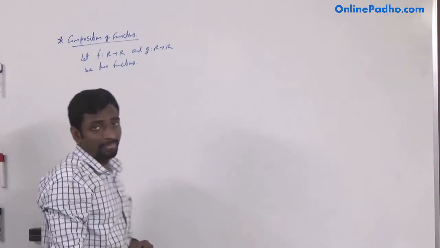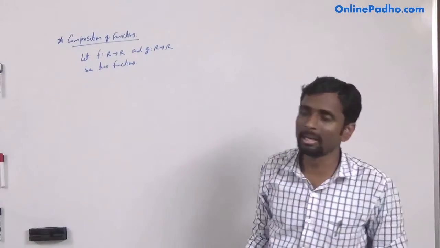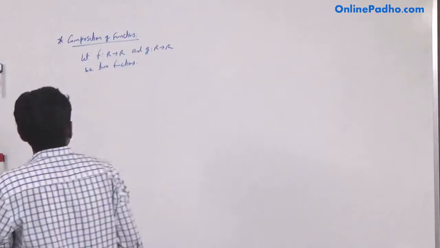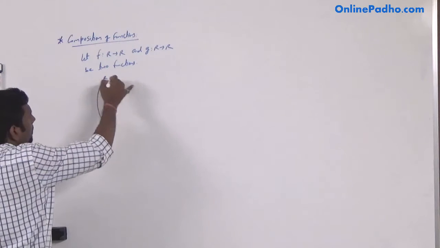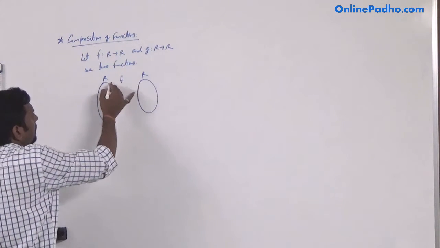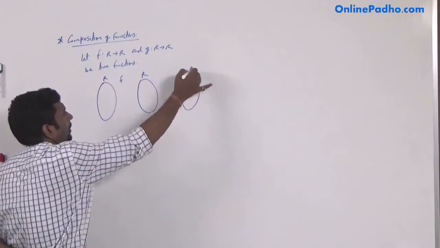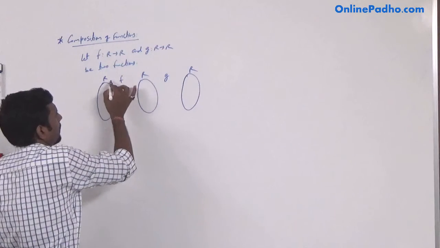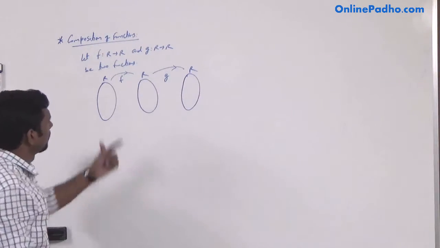Let us consider f and g are two functions, both mapping real numbers to real numbers. This is the function f, and this is the function g.